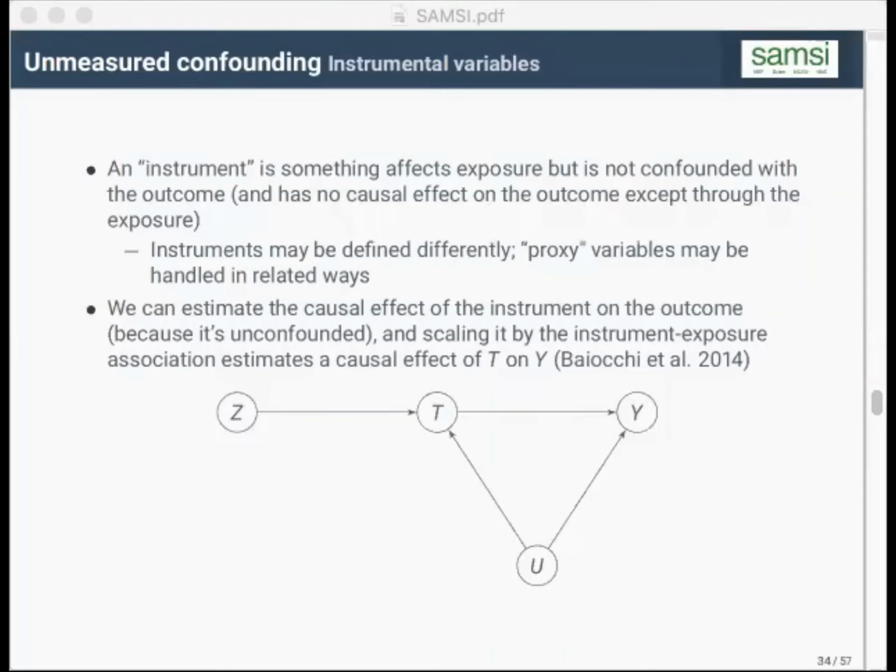So sensitivity analyses are about how robust your conclusions are to the presence of unmeasured confounding. And the rest of the techniques we'll talk about are ways to get around unmeasured confounding.